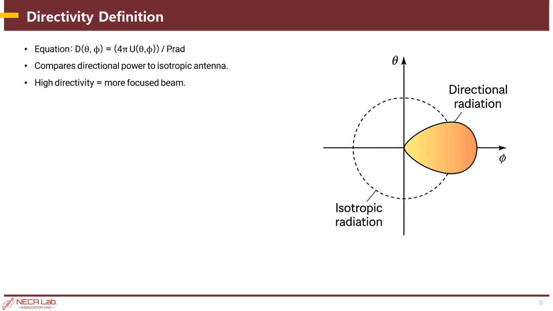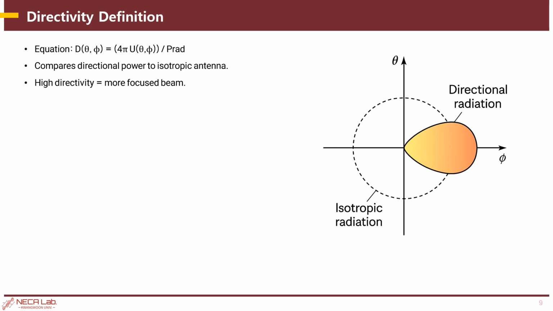Now the directivity, which measures how focused an antenna's beam is. Here the first formula compares the directional radiation intensity U of theta phi to the total power radiated by the antenna. Essentially, directivity tells us how much more power is radiated in a particular direction compared to an isotropic antenna, which radiates uniformly in all directions.